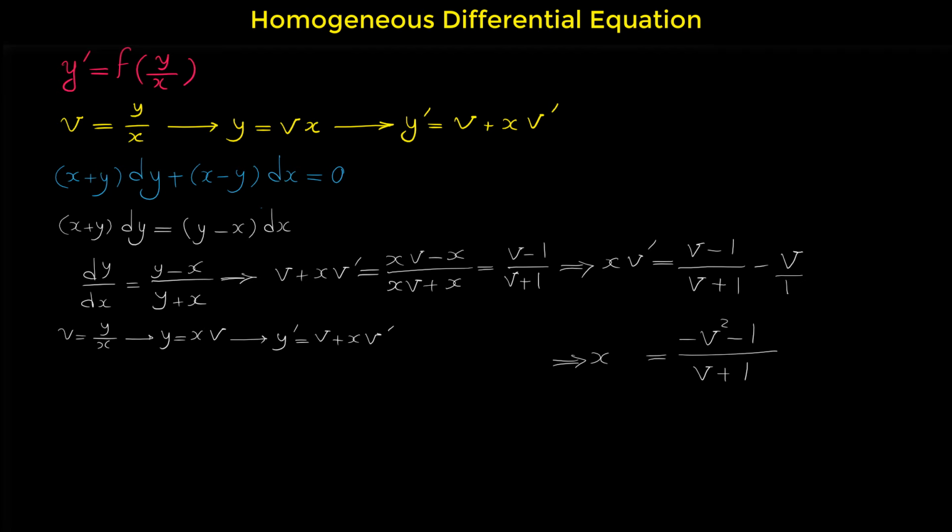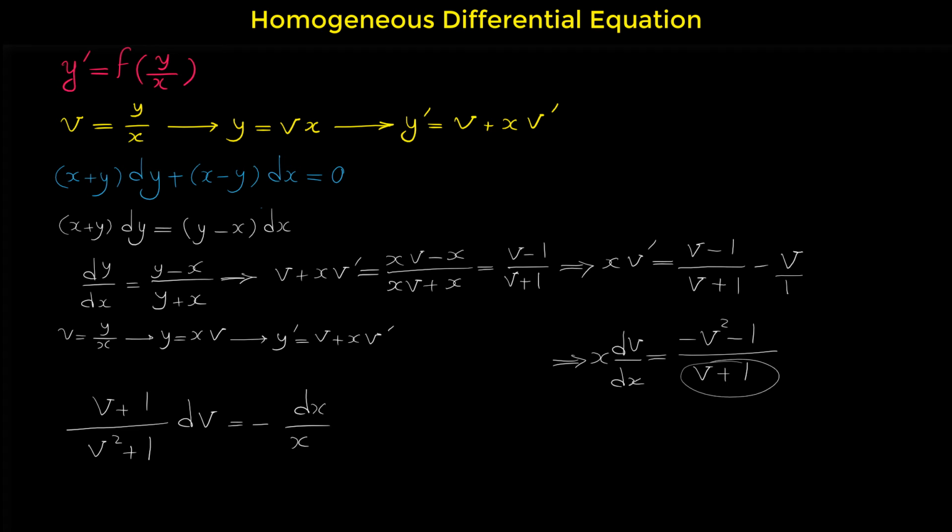Now here, if we replace this v prime with dv over dx, and if as usual we separate v from x to make the differential equation a separable differential equation, we get to this. Let me continue from here. Actually, let's write it the other way: v plus 1 over v squared plus 1 dv equals negative dx over x.